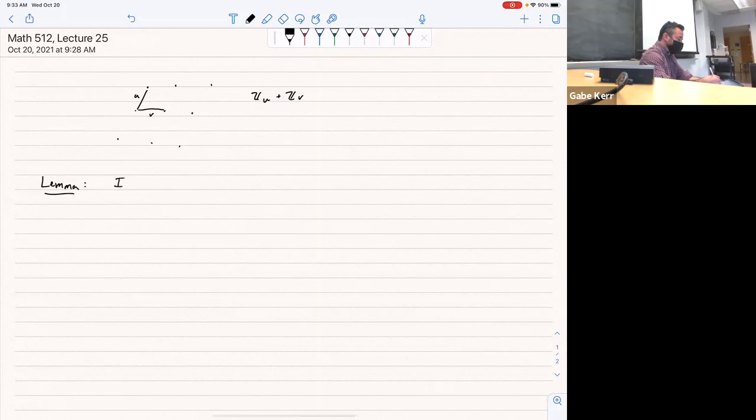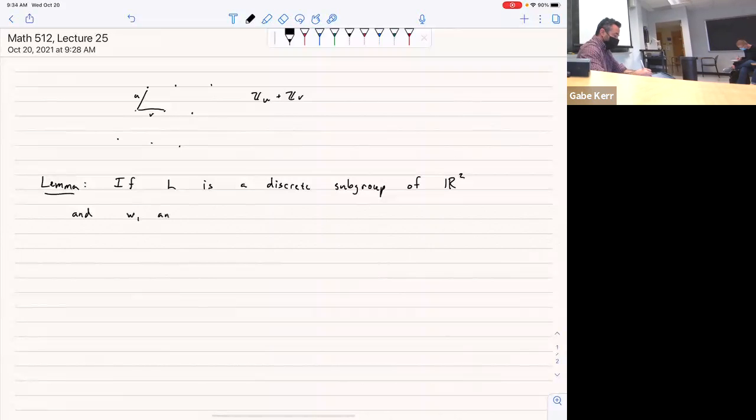That if L is a discrete subgroup, we call these lattices, although there's another notion of lattice in mathematics which is very different, so just call it a discrete subgroup of R2. And we have 2 vectors, maybe we'll call them W1 and W2, that are linearly independent.